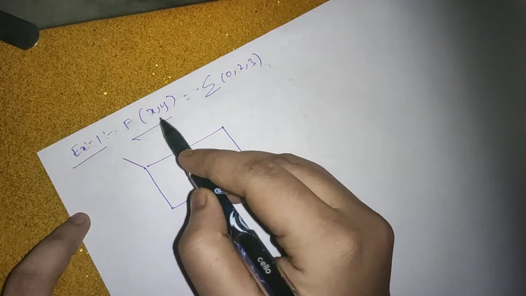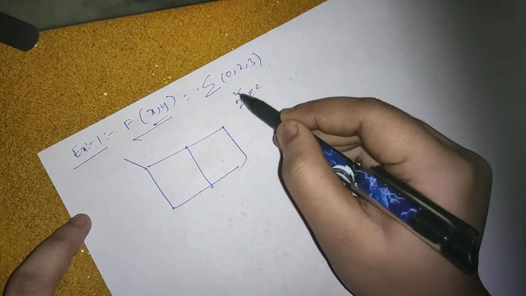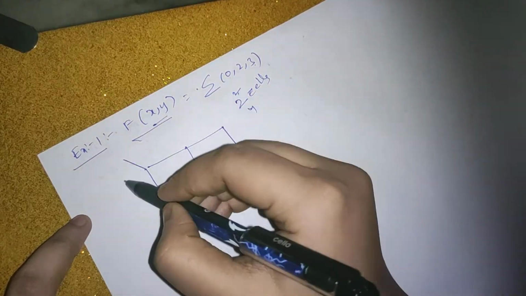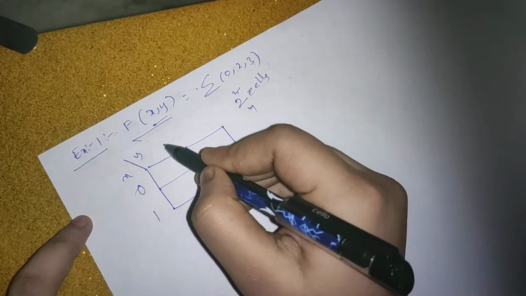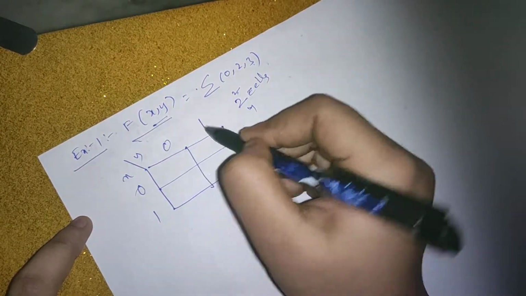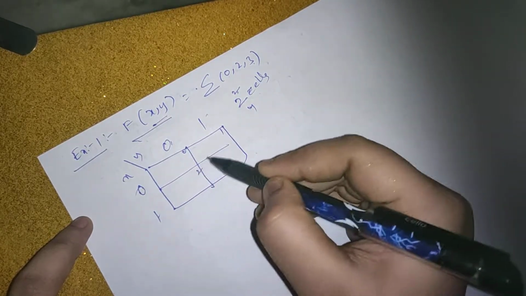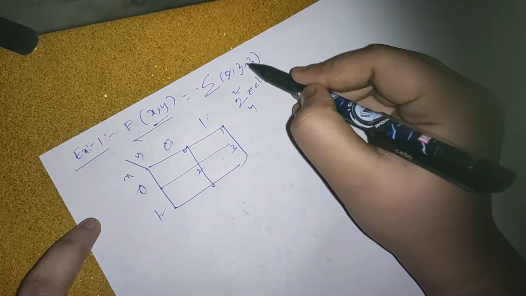which has 2 variables, so it needs to have 2 power 2 cells, so that is 4 cells. If we draw 4 cells, 2 variables x y, let us take 2 variables like this. 0 1, possible combinations 0 1 and 0 1. 0 0 is 0, 0 1 is 1, 1 0 is 2, 1 1 is 3. Here they have given 0 2 3.